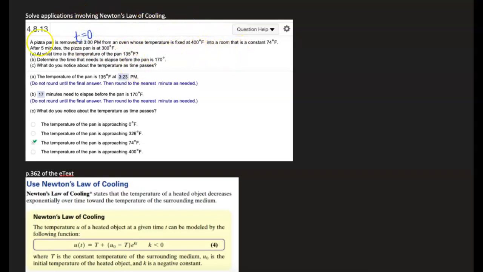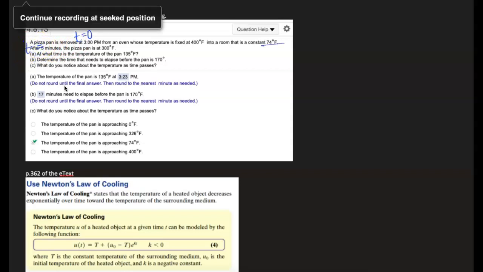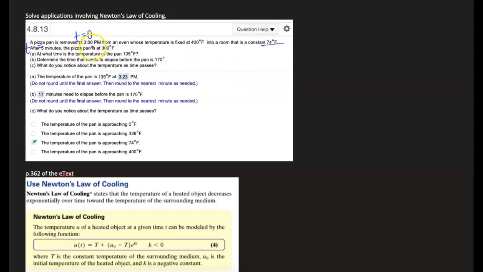And I'm going to treat 5 minutes later then as time 5. So what I'm going to do here is put these 2 points, time 0, 400, time 5, 300, into a calculator and run an exponential regression.